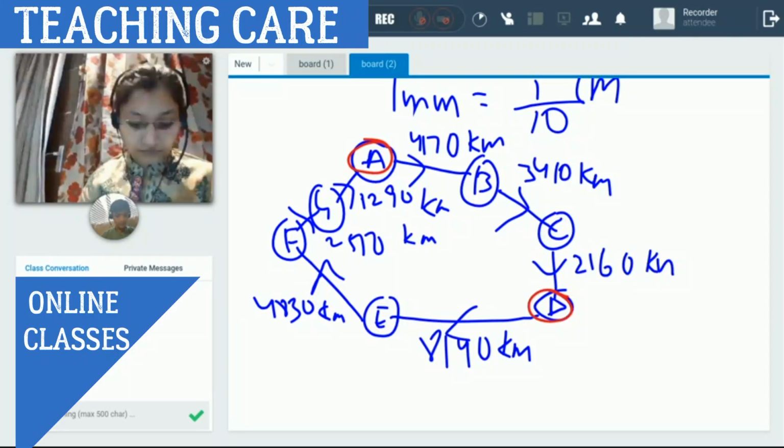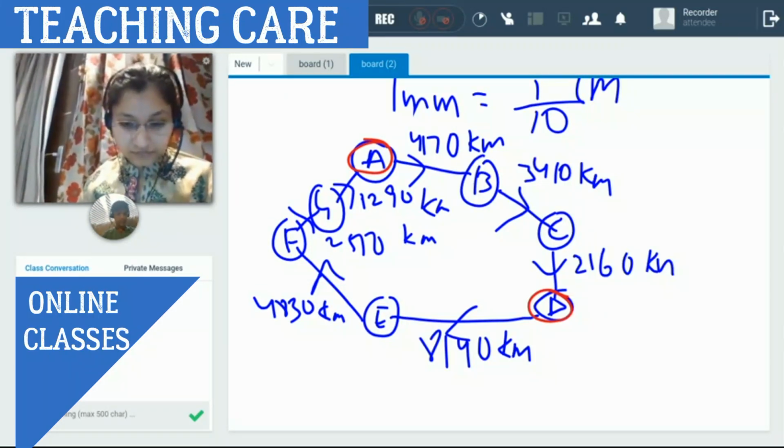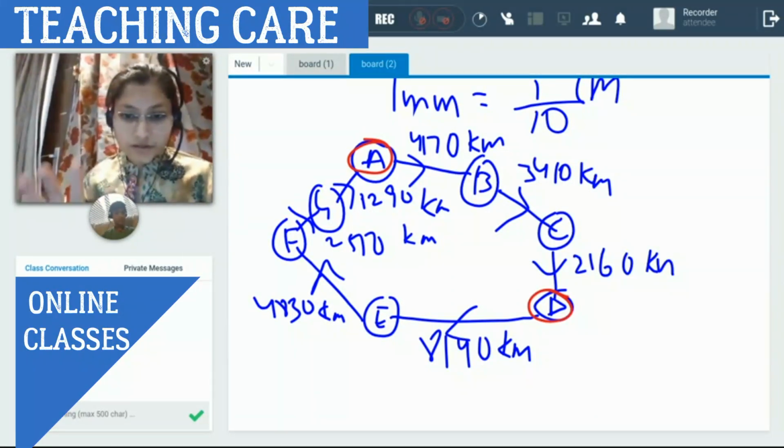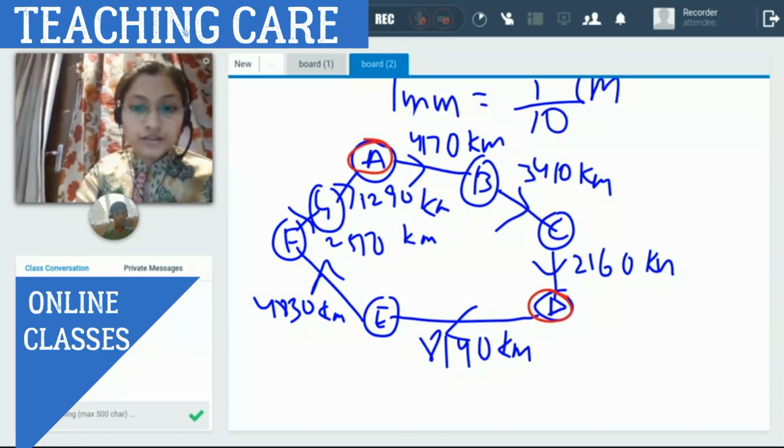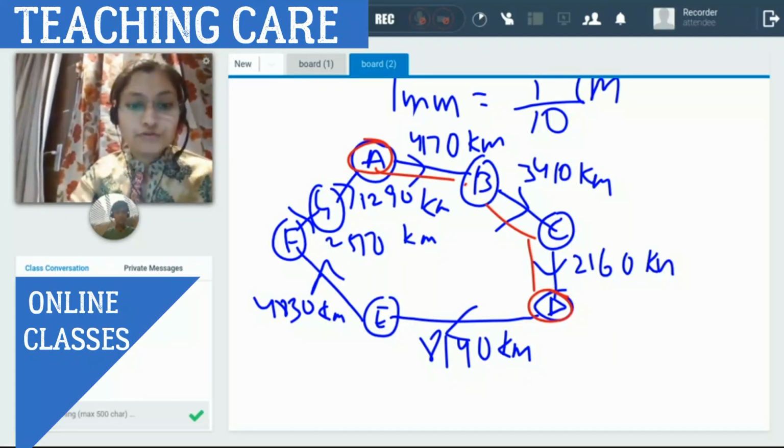It's very simple. They have already given you the distance between A to B, B to C, and C to D. So for A to D, you just need to add them up.